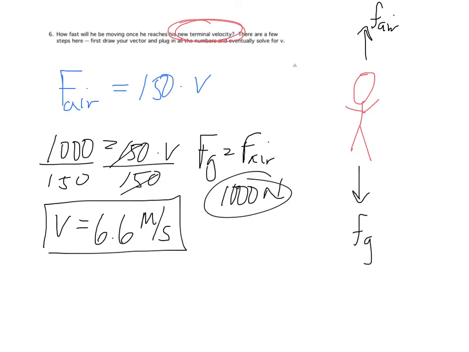So still sort of fast, but not so fast that you can't land with your parachute. So we are finished taking notes with this worksheet for right now, and you're going to go ahead and move forward with some practice problems using these notes as reference.